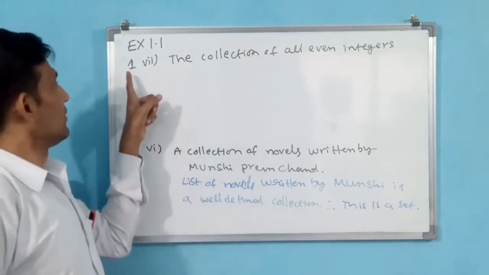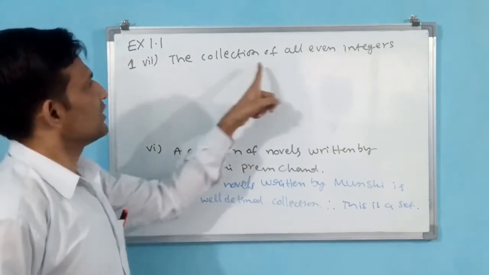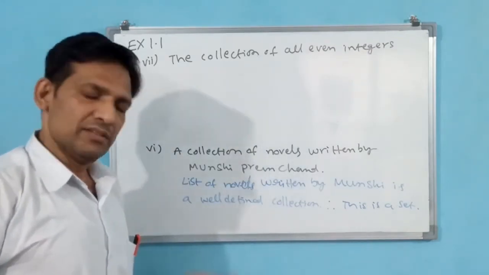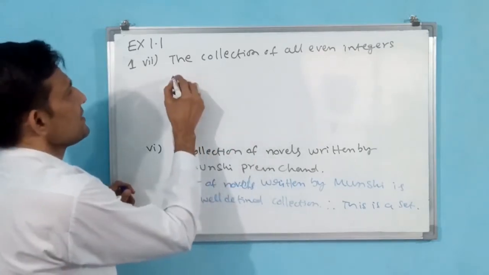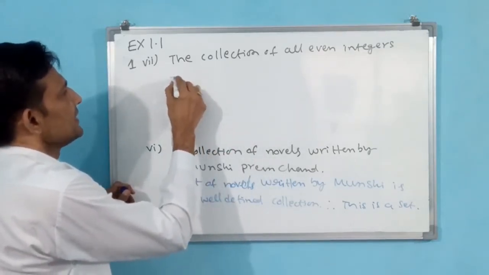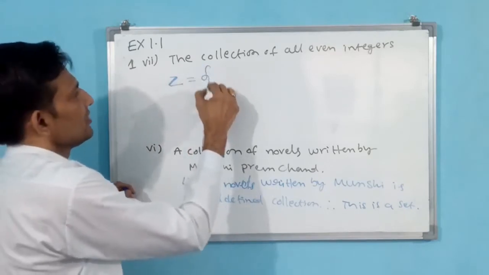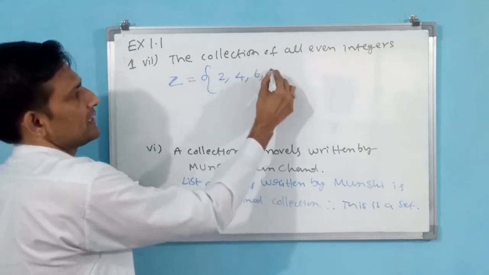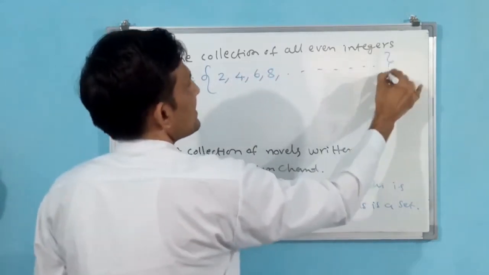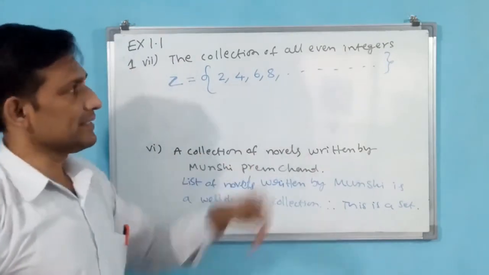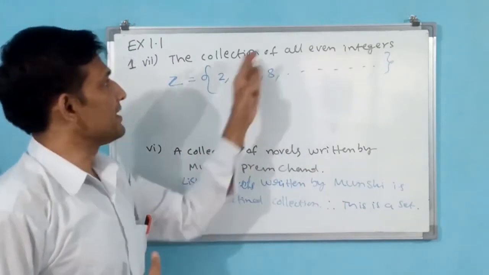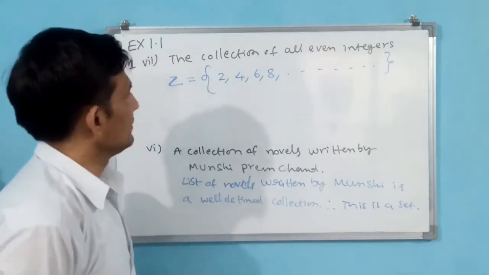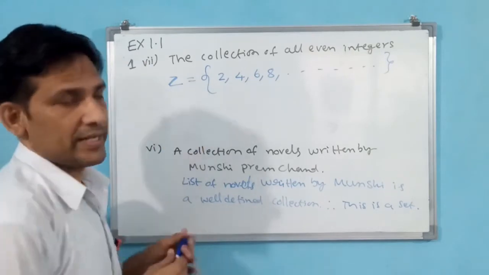Okay. Now part 7 of question number 1. The collection of all even integers. This is also a set. You see, even integers, I take even integers, say Z. Integers, even: 2, 4, 6, 8. This is also well defined. Well defined even integers, therefore this is a set.